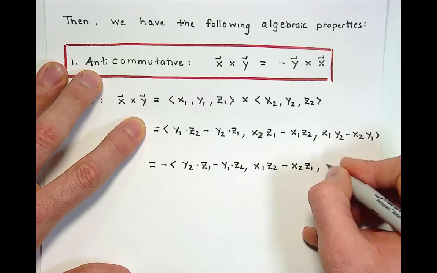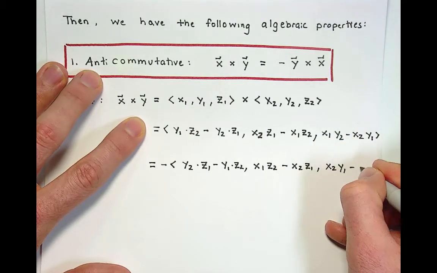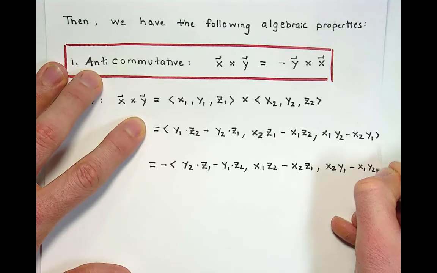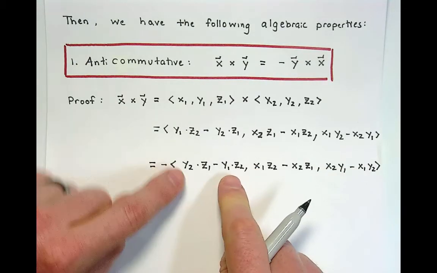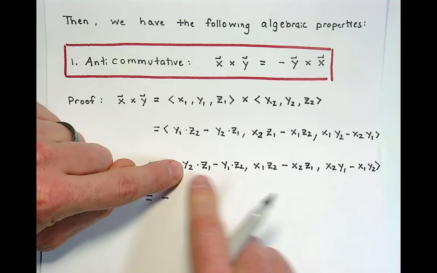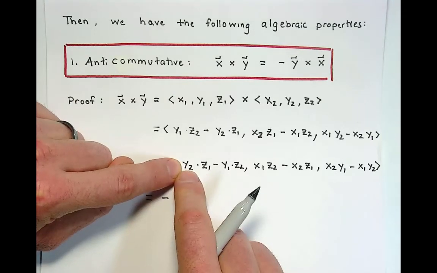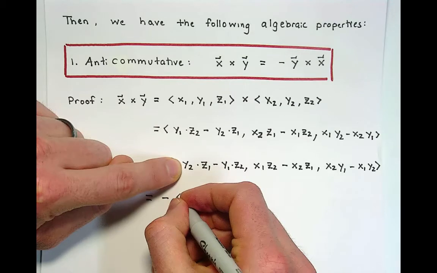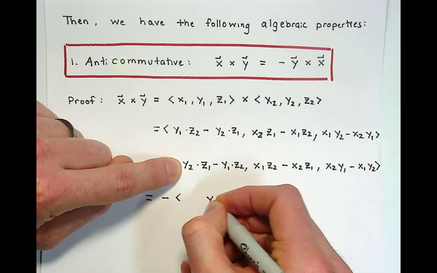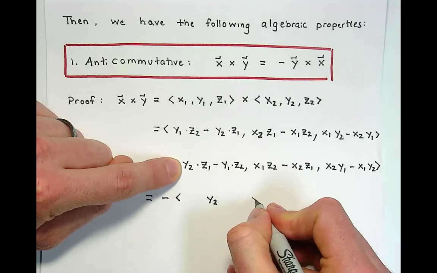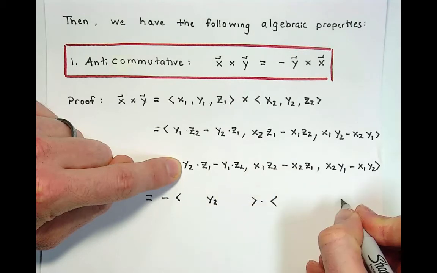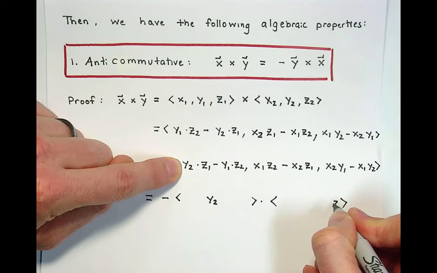And then finally this would be x2 y1 minus x1 y2. Notice when I switch the order, this now would be the second component of the first vector by the definition, the component form. This would be the third component of the second vector. So here the z1 is over in this area.